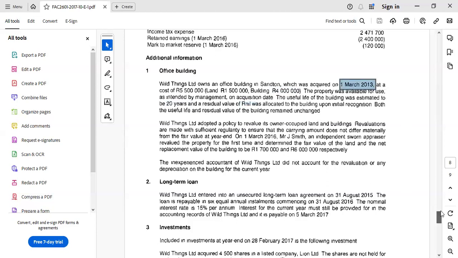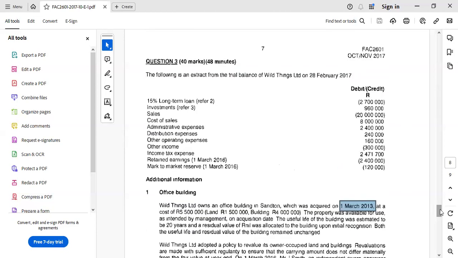Now I'm ending on 28 February 2016 because the building was revalued on 1 March 2016. If there is a revaluation, first of all, you have to find the carrying amount of the asset prior to the revaluation. That's why I'm first stopping on 28 February 2016.